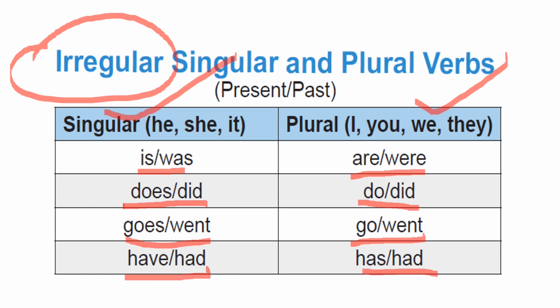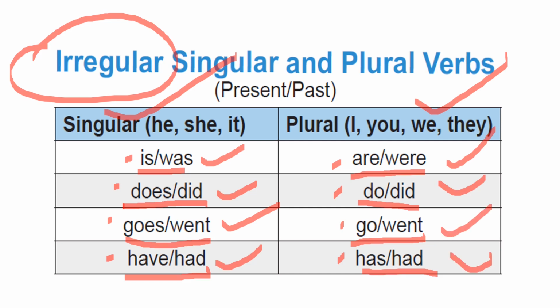Is, does, goes, and has are used in present tense, just like are, do, go, and have. When we are talking about the past, then we use was, did, went, had, or did, went, had.